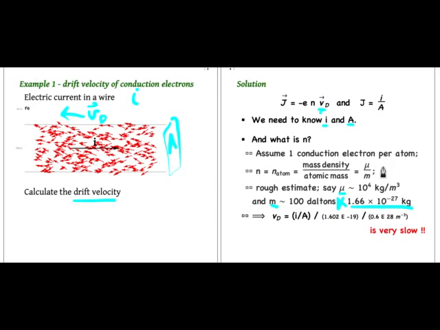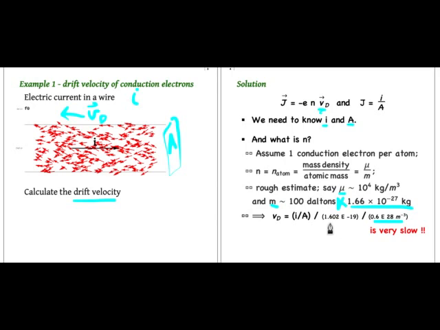So that would be 1 over 1.66 times 10 to the 28th, I guess. So that's the number density of atoms. It's also the number density of conduction electrons, because for each atom there's one conduction electron.